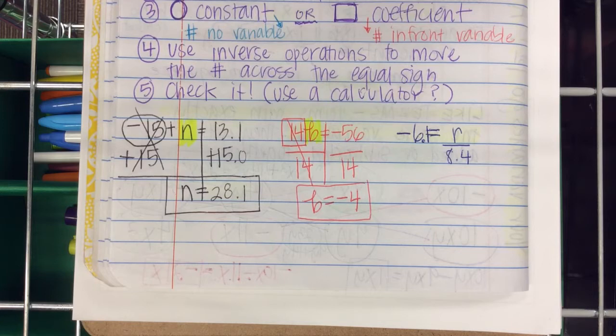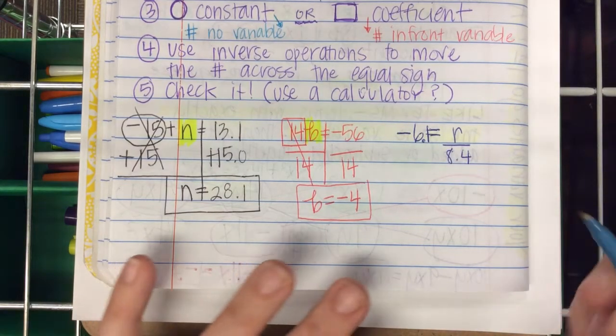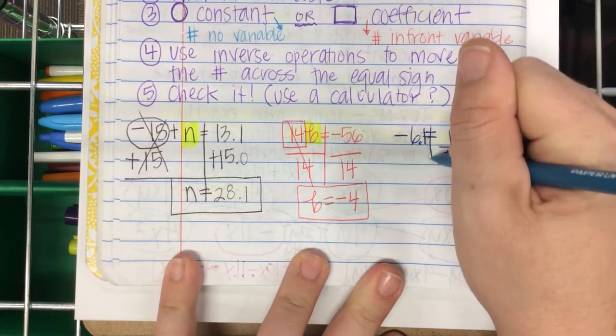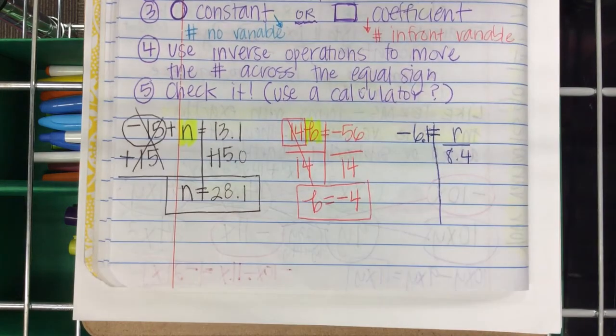Negative 6.1 equals r over 8.4. Sorry, that was a hard problem for me to read. Negative 6.1 equals r over 8.4. Draw a line down the equal sign. Find the variable.